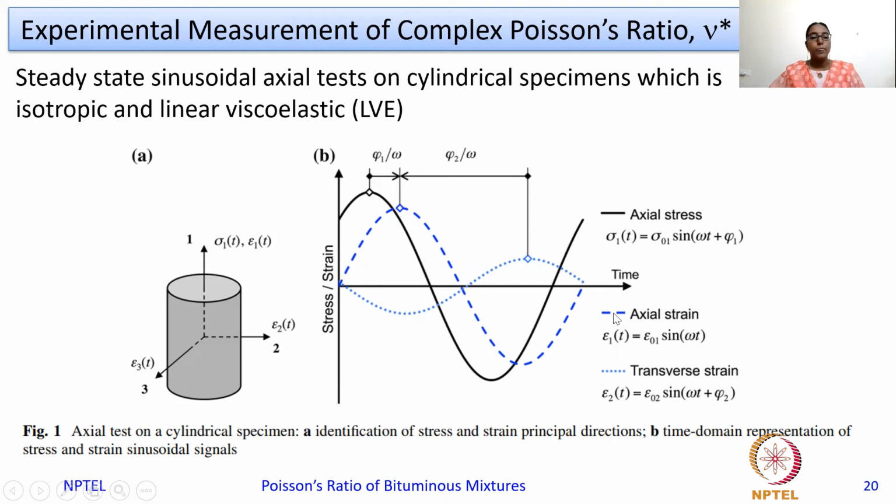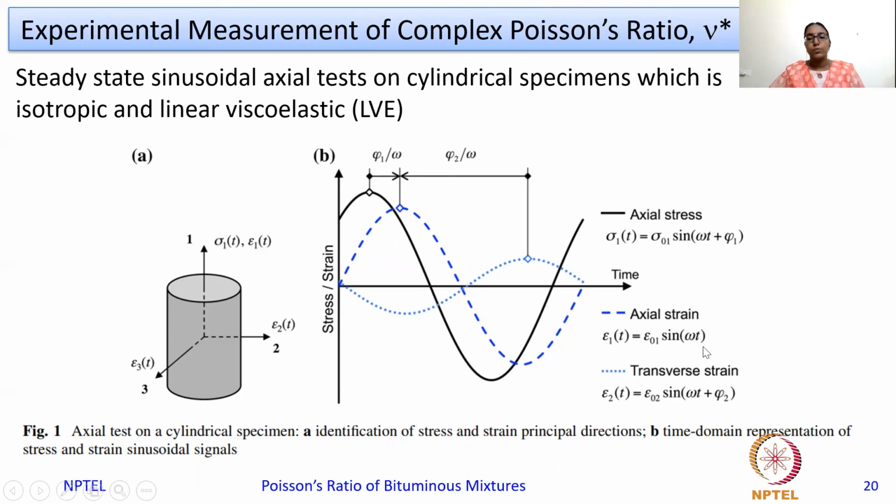Now you can see here the axial strain in the first direction is taken as the reference. This is the large dotted line here, which is given by epsilon 1 t is equal to epsilon 01 sine omega t.